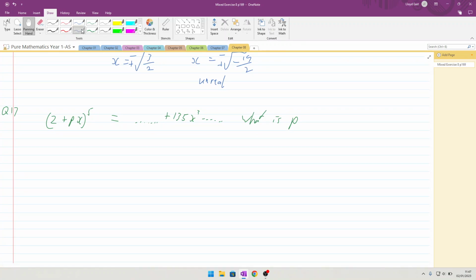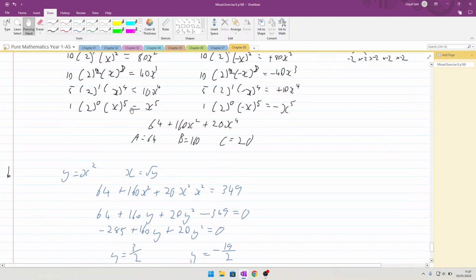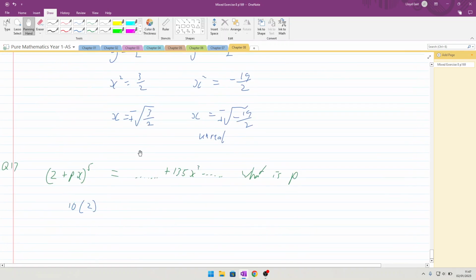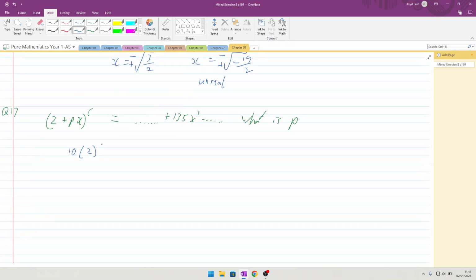So what we can say is that 10 times 2 to the power 2, just looking at the x cubed value here again, and then the x value, px, to the power 3 is going to be equal to 135x cubed.